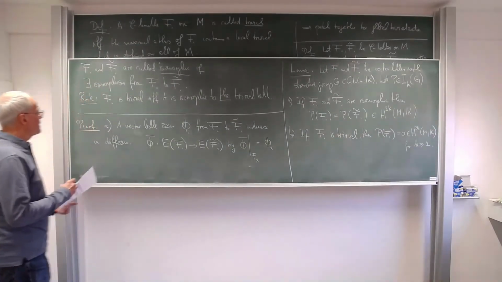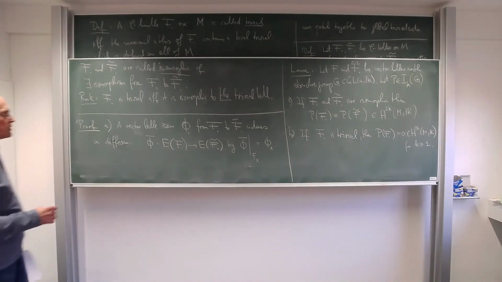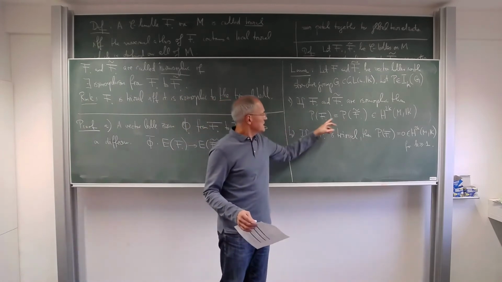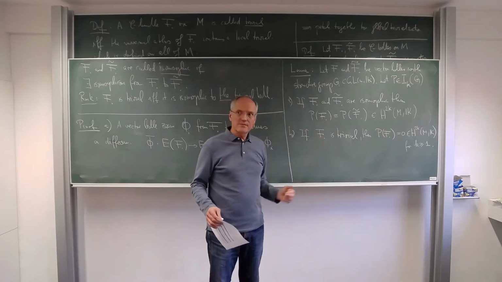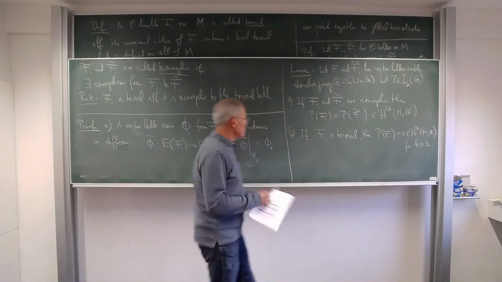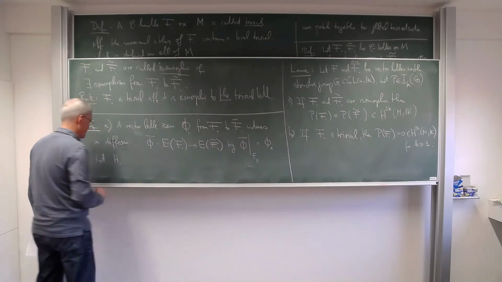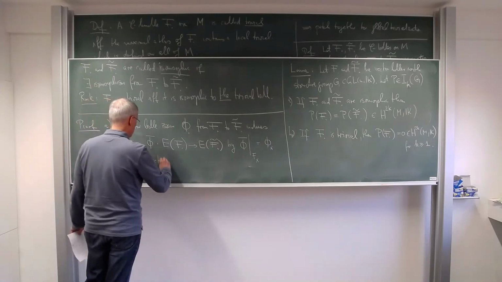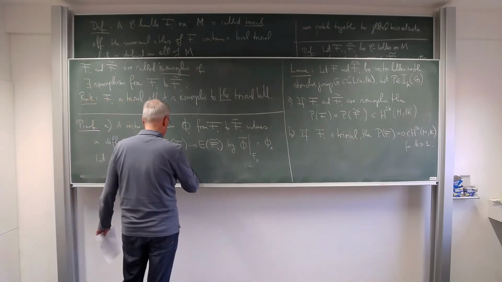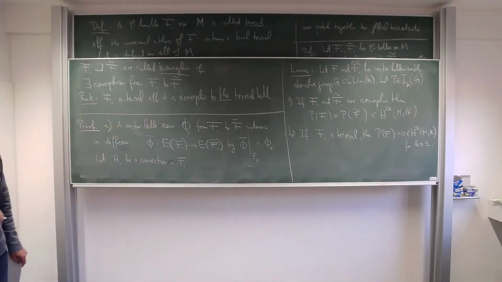Okay. And now, what I want to do is compare these characteristic classes, and I want to choose connections on my bundles. So I start with a connection on F. So let H, this horizontal distribution, be a connection on F. How do I get a connection on F tilde from that?